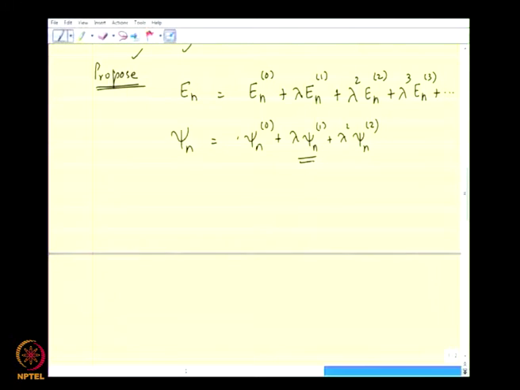This is called the first order correction, this is called the second order correction, plus third order if you wish, psi n 3 plus so on.